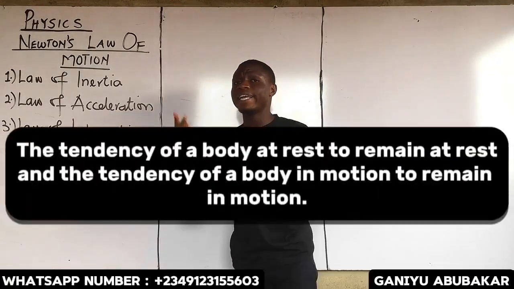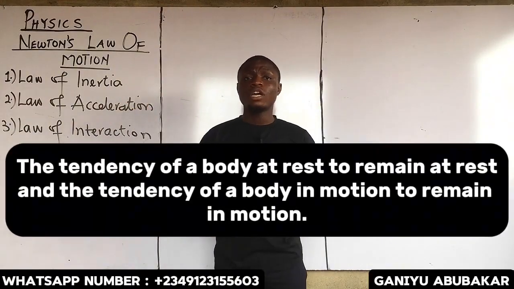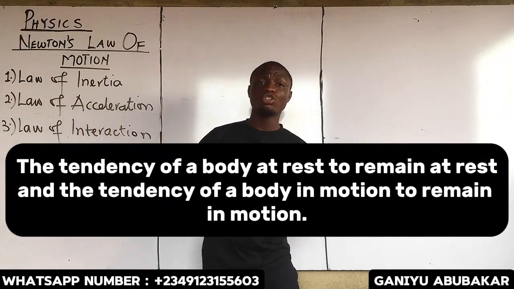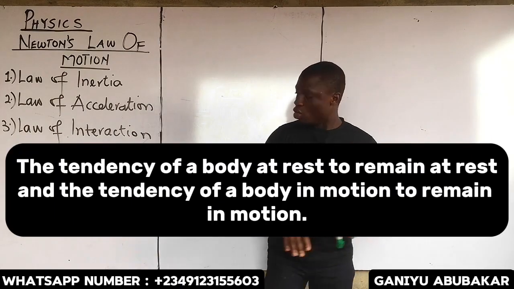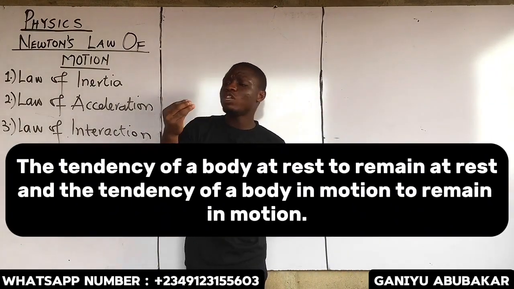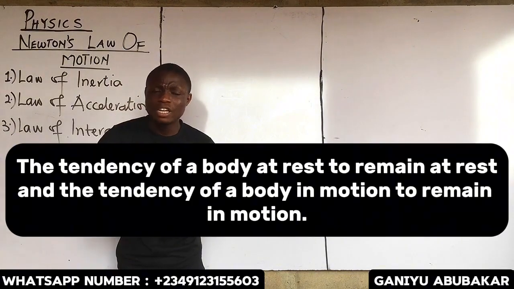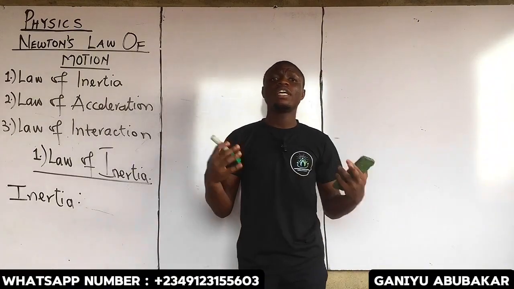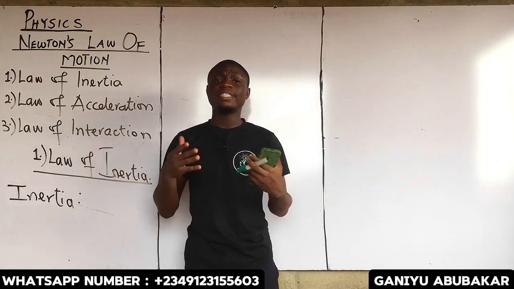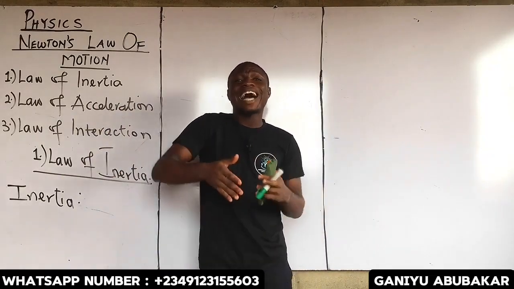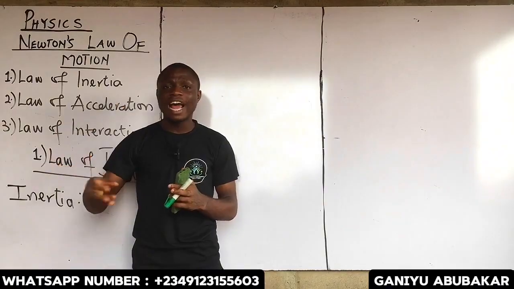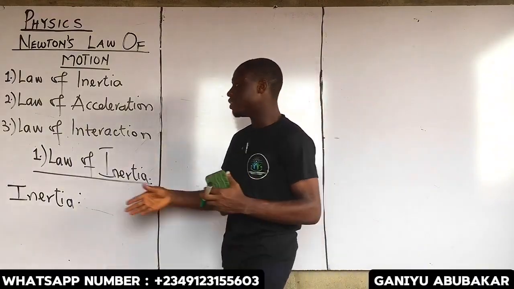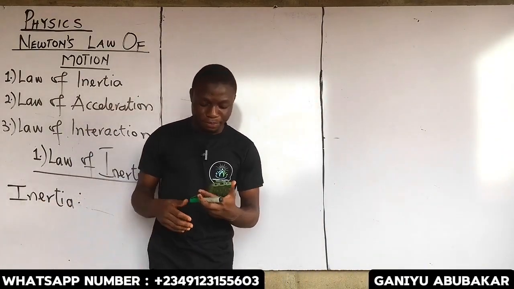Inertia is simply the tendency of an object at rest to remain at rest, and the tendency of an object in motion to remain in motion. That is the definition of inertia.